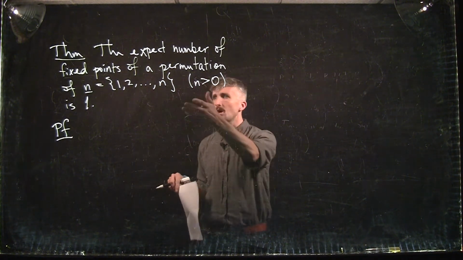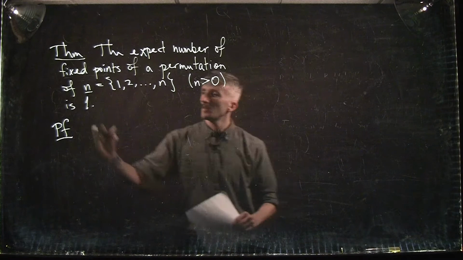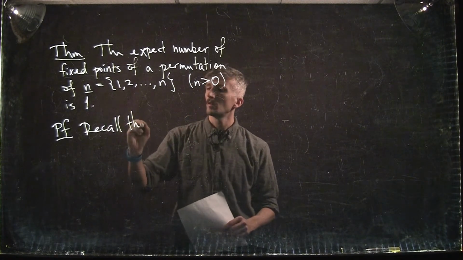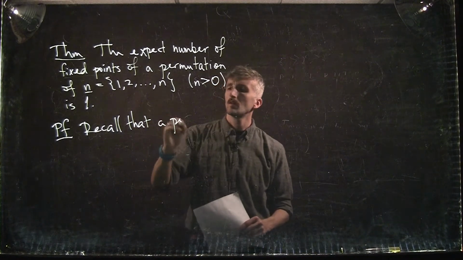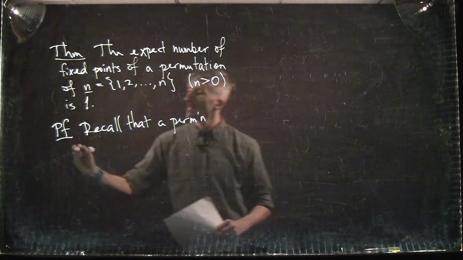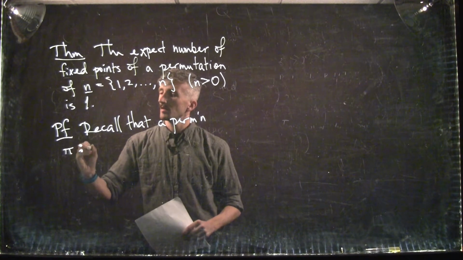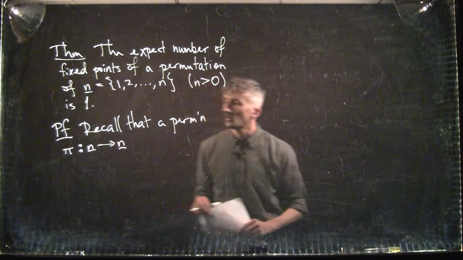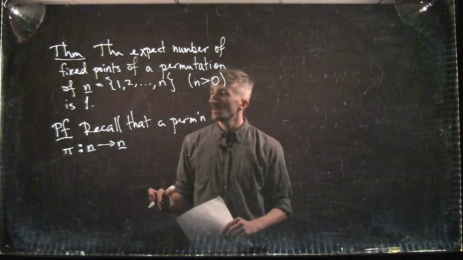So first let's recall what's going on here. A permutation, say pi, is of course a function from n to n, which is a bijection, right?